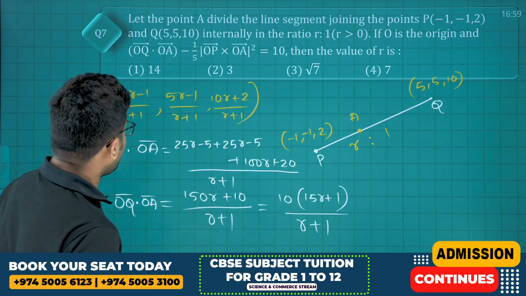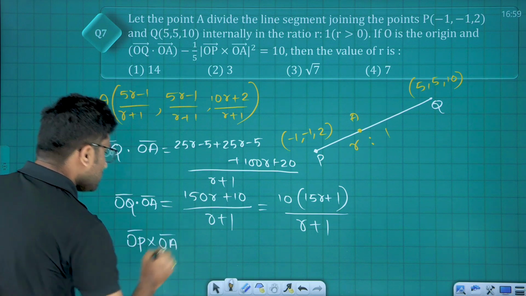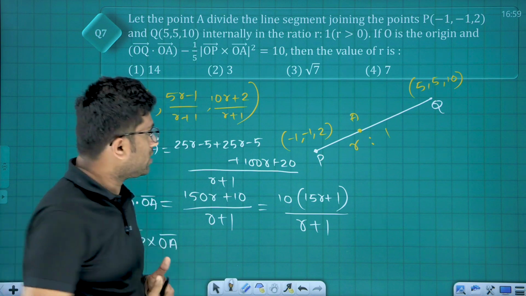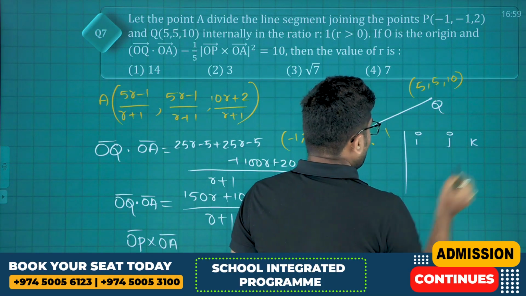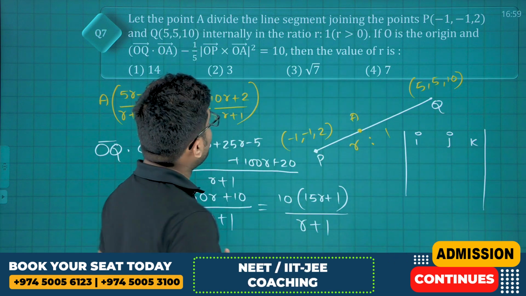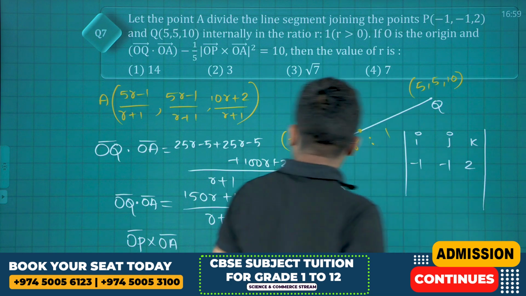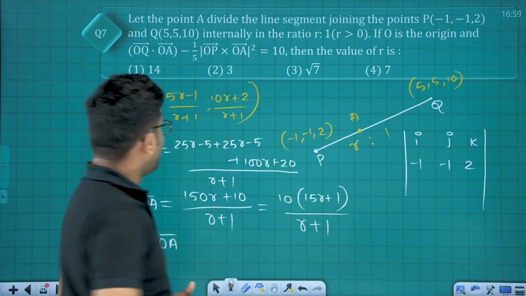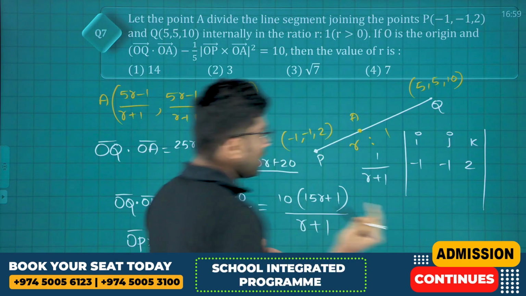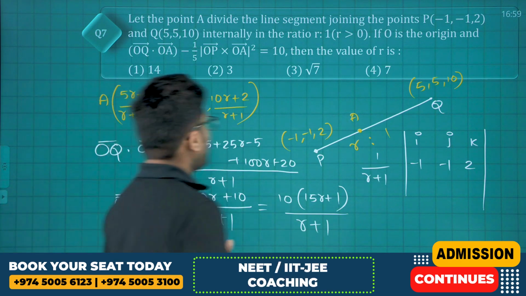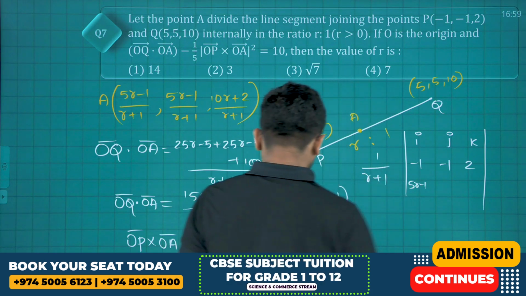In the same way they are asking OP bar cross OA bar. So cross product, how to find the cross product? i, j, k, then OP bar. What is OP bar? OP bar is -1, -1, 2, and OA bar, you can just write 1 by r plus 1 outside, friends.